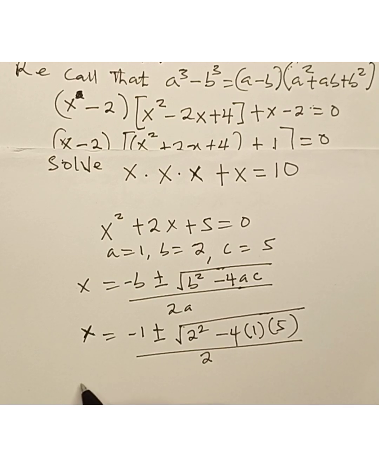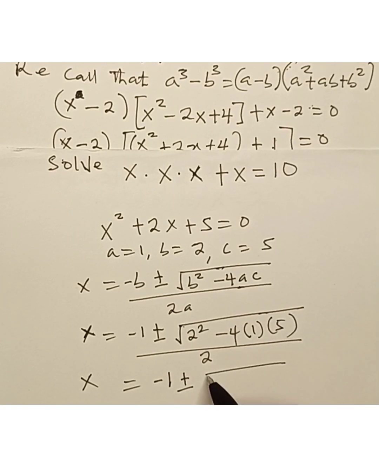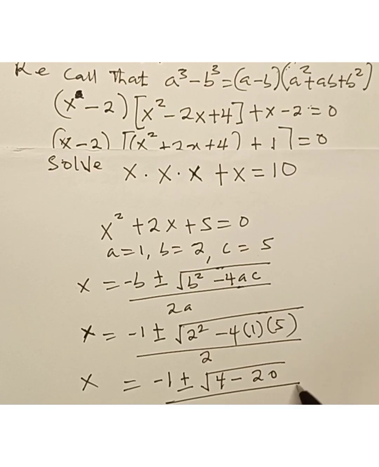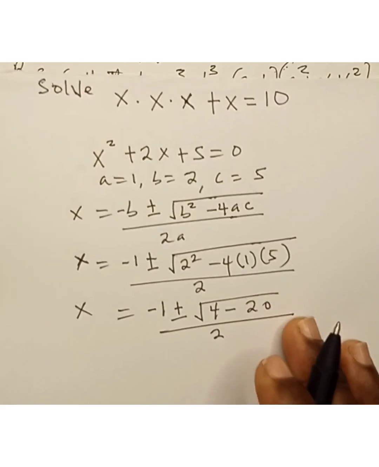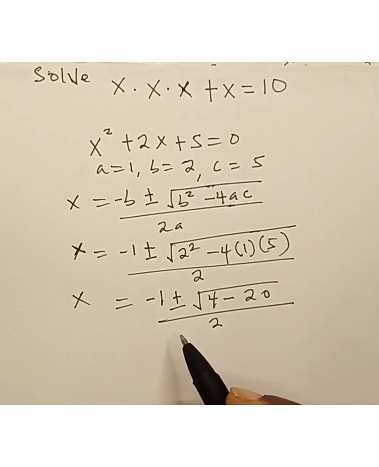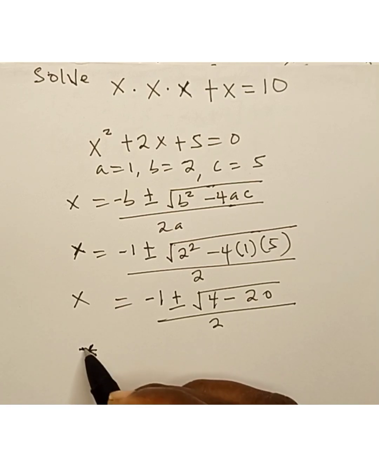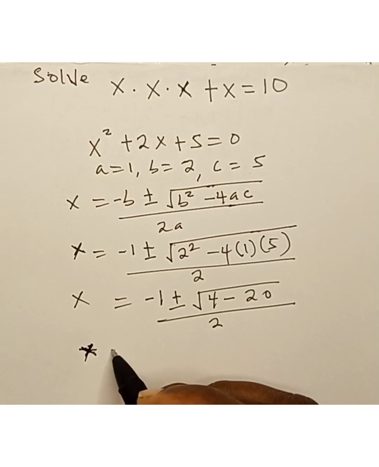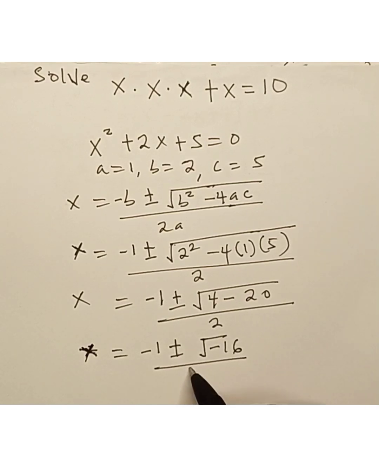So we have X equals minus 1 plus or minus square root of 4 minus 20 over 2. So X will now be minus 1 plus or minus square root of minus 16 over 2.